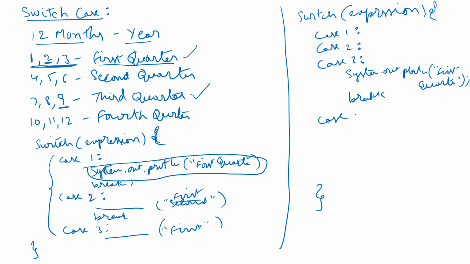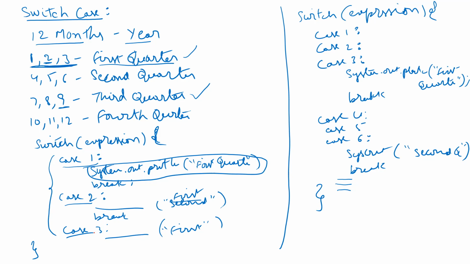Similarly, case 4, case 5, case 6, I will say system.out.println second quarter, and a break statement. Like this I can proceed for the other months as well. So instead of writing it for each one, I can combine these case statements, and for one case statement I can print the result, because the result is the same for all these 3 case statements. Similarly for the second one, the third one, and the fourth one. So let us see this example.